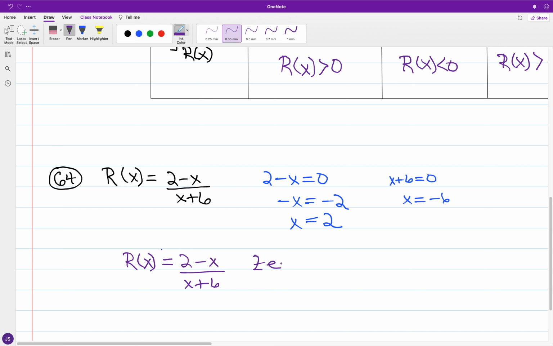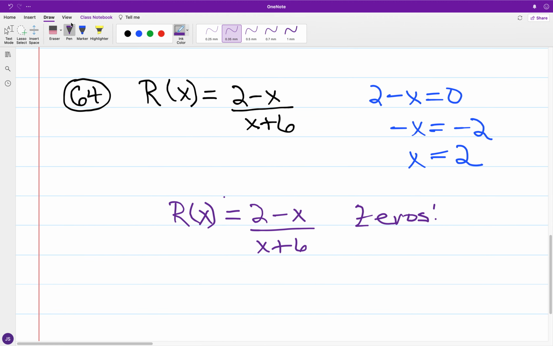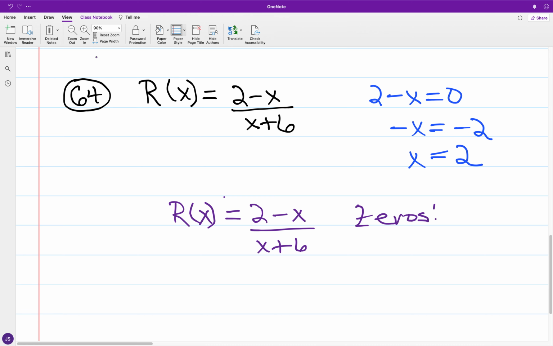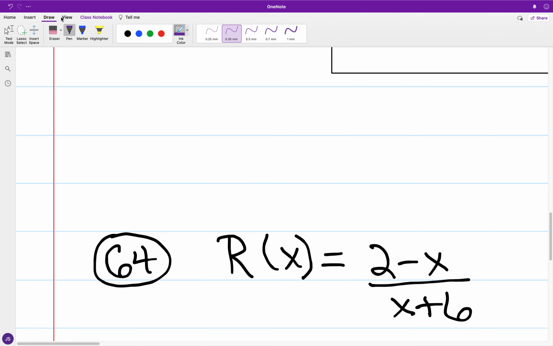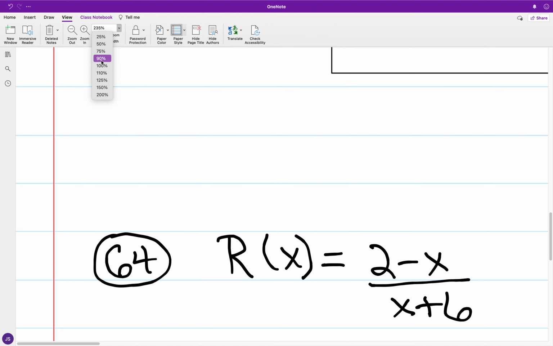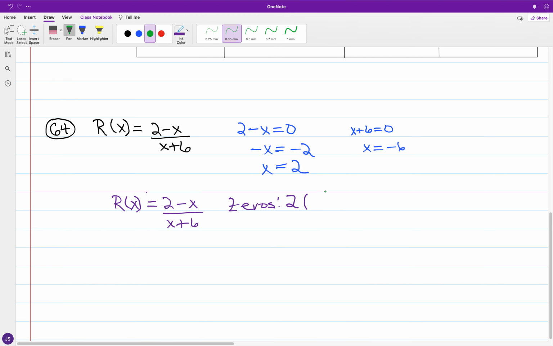Now with the zeros, you're going to have 2, which is in the domain. And negative 6, which stems from the denominator, is not in the domain.